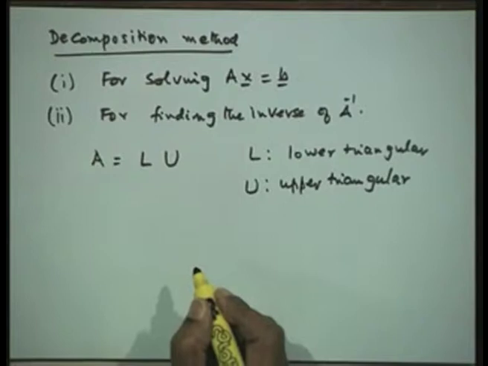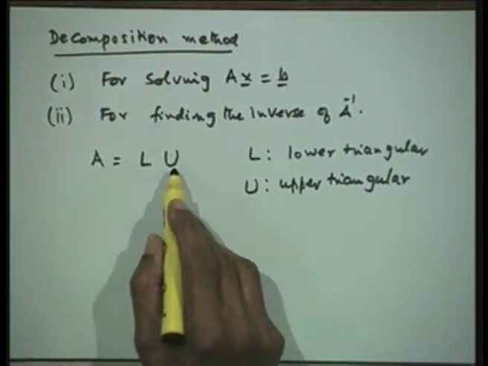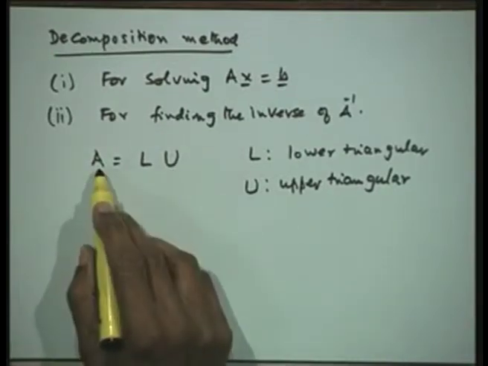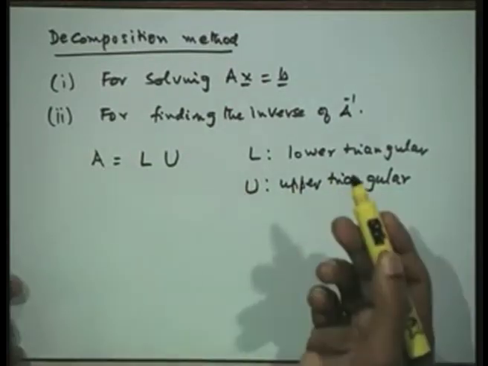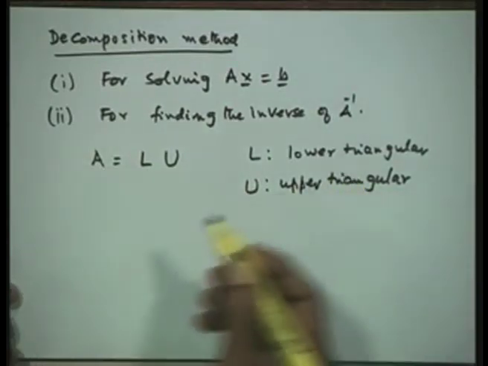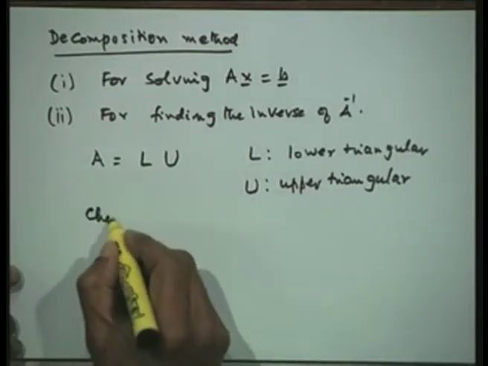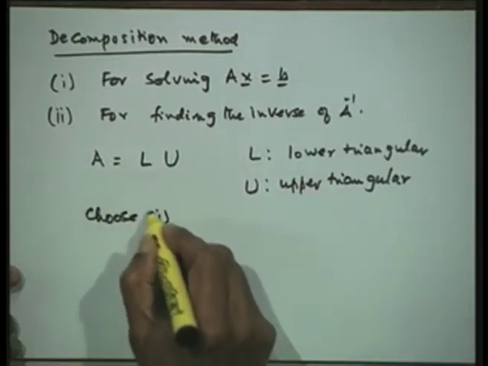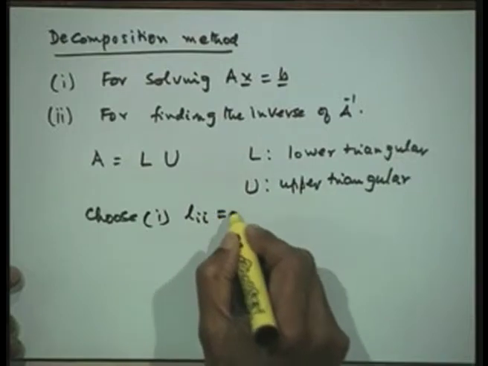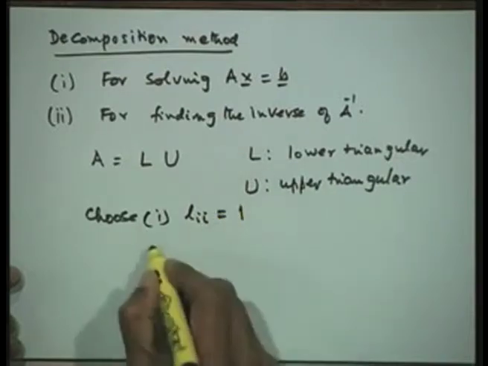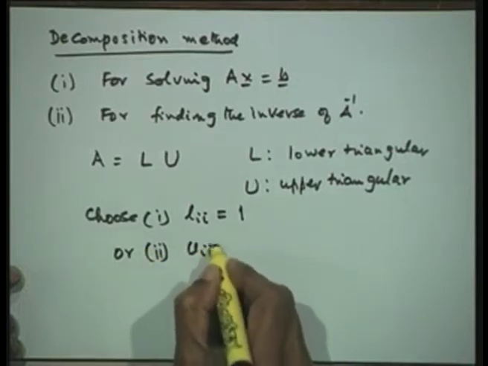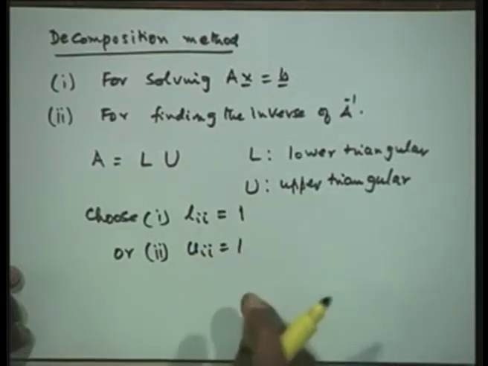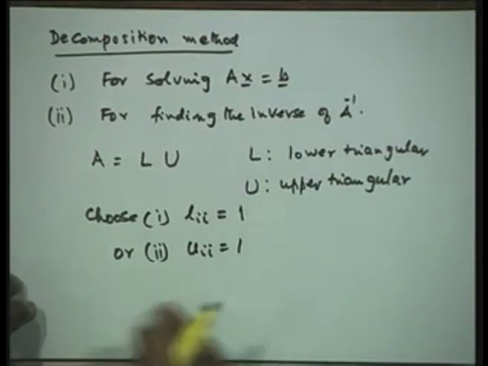Now, we have also shown that if you multiply L and U and compare with A, we have n arbitrary parameters. Hence we said choose either Lii equal to 1, that is the diagonal elements of L as 1, or we choose Uii as 1, that is all the diagonal elements of U equal to 1.